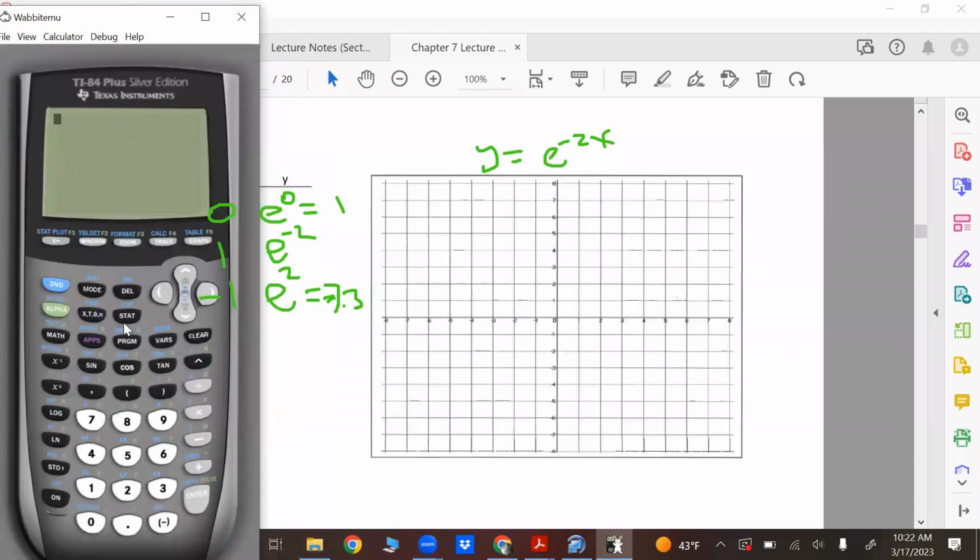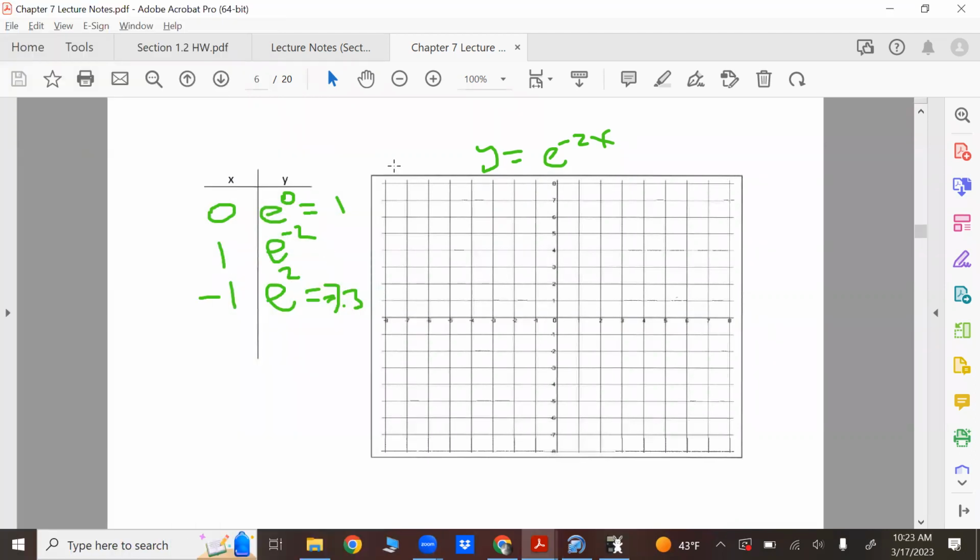E to the -2 is 0.13589. So when I plug in 1, I got 0.135, so it's down here somewhere.